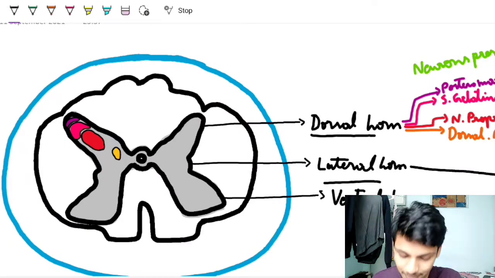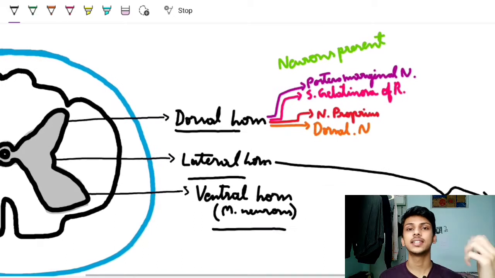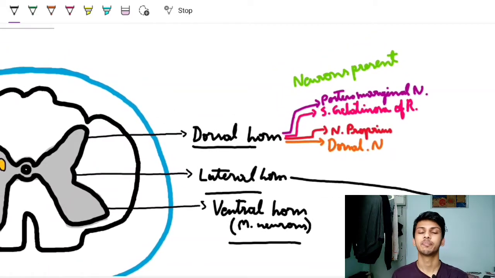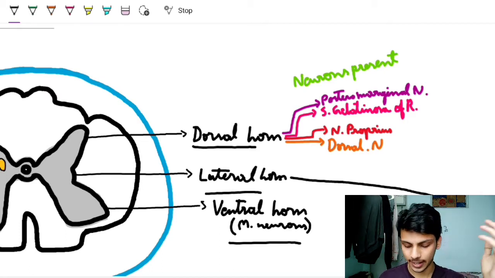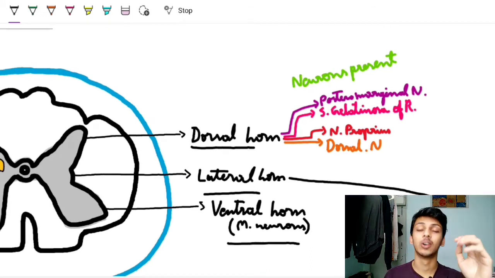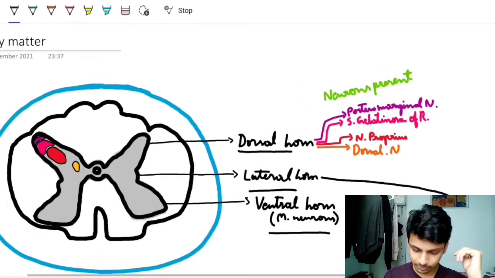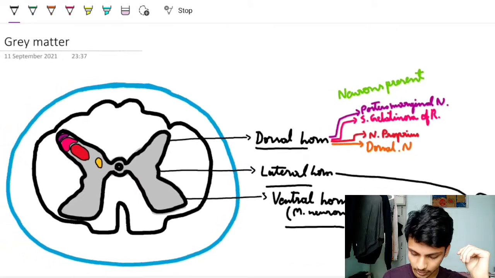Now let's study what is present in the horns. See, the gray matter of the spinal cord consists of the cell bodies and dendrites. White matter consists of axons, myelinated and unmyelinated axons. In the dorsal horn, there are mainly 4 nuclei present throughout the spinal cord.